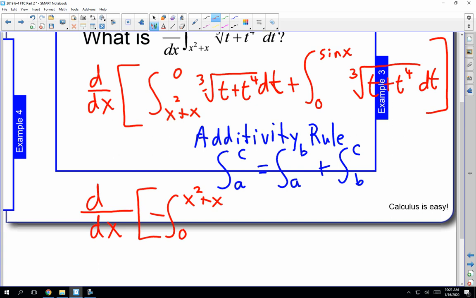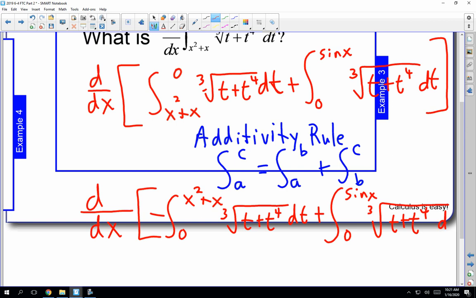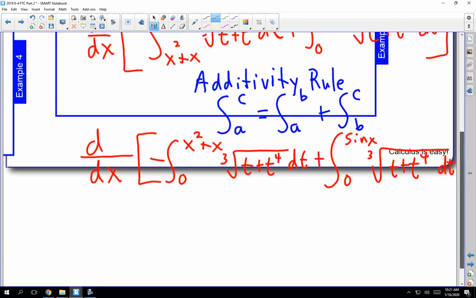Big negative sign right there. Of the cubed root of t plus t to the fourth dt plus the integral from 0 to sine x cubed root of t plus t to the fourth dt. So we're just going to flip, and that's the order of integration rule.